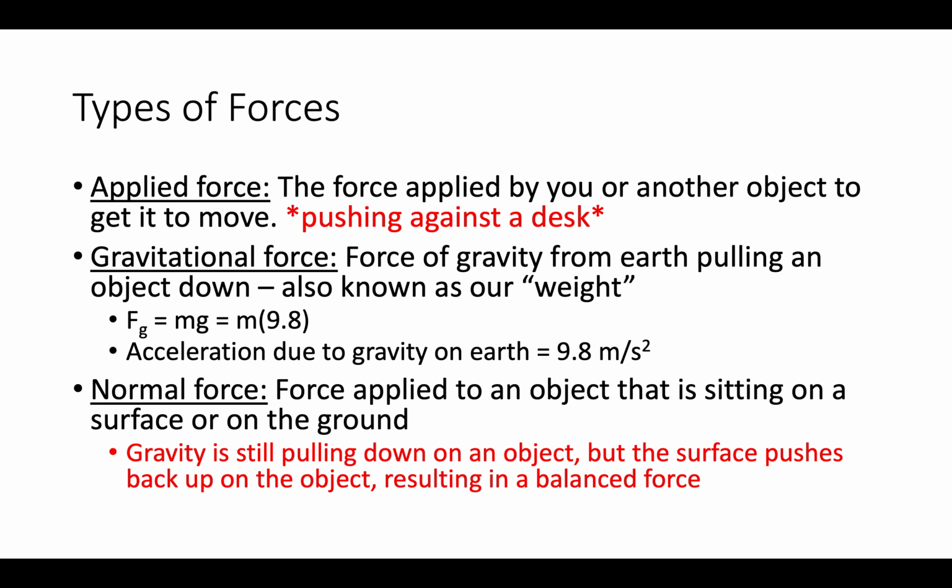So you have gravity pulling down on the object, and then the object, whatever it is sitting on, is pushing back up on the object. So that's the normal force, the surface pushing back up on the object. So gravity pulls it down, the normal force pushes it up, and when those are balanced, the object is not moving. So we'll talk more about this in class.